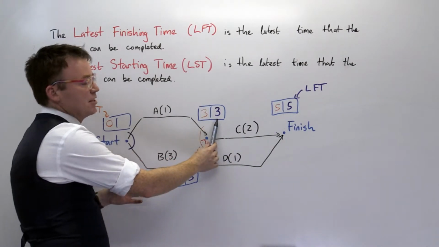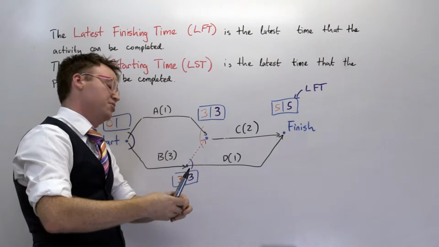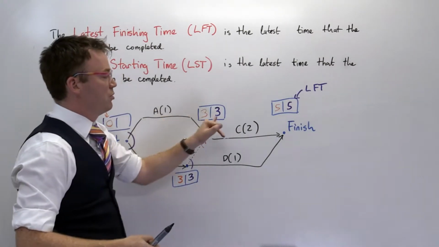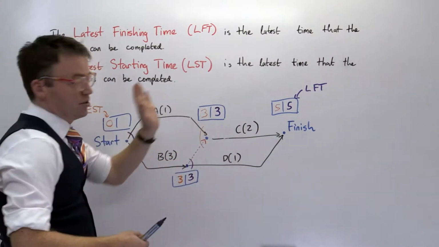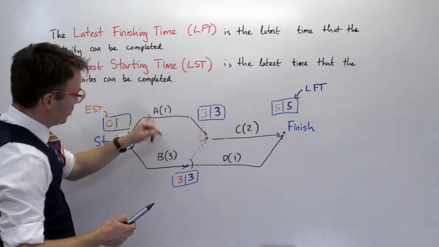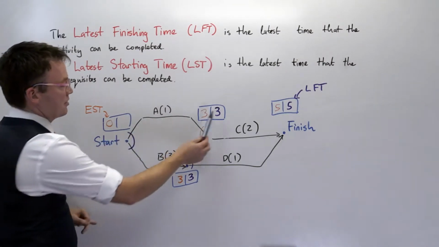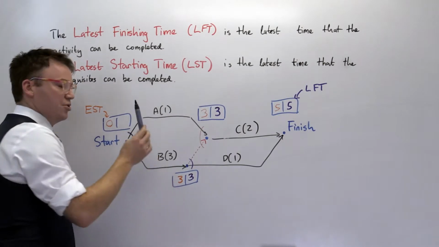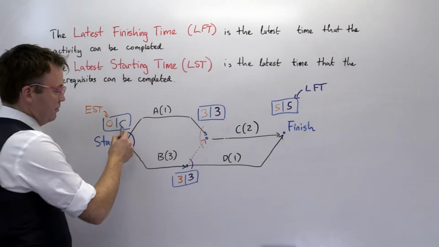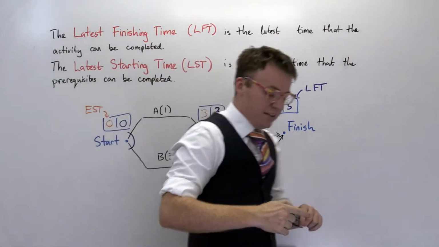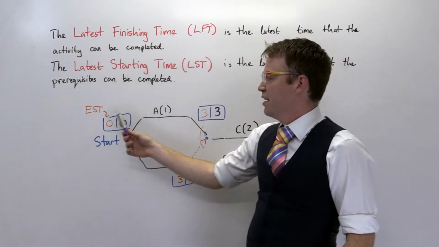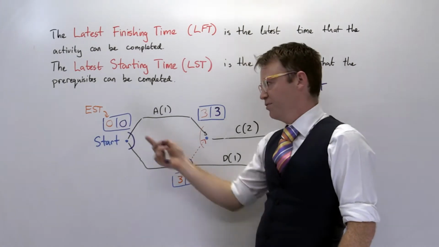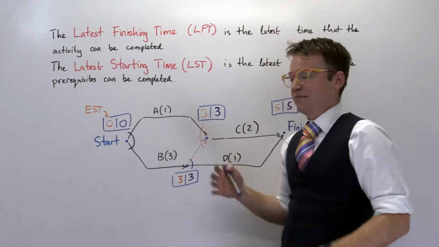You have to be done by time 3, so you can sit there and twiddle your thumbs for the first 2 time units, do activity A in 1 time unit, and still be here and not delay the whole project. So the LST of activity A is that minus that, which is 2, but the LST of activity B is that minus that, which is 0, and we take the minimum, 0. As a sanity check for your project, you should always have double zeros at the start vertex. So if you've not got a 0 here, then you need to go back and figure out where it went wrong.